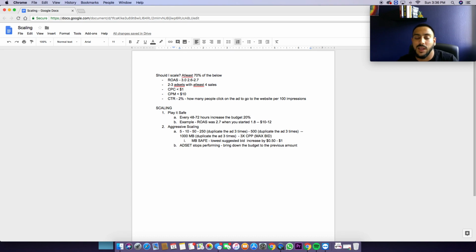So even with $500, if it spends $100 and your CPP is still really high, then I would bring it down to $250. If at $250 it keeps performing okay, keep it. If it stops performing, bring it back down to the previous budget, which in my case is usually $50, right? So those are some of the ways that you can scale.